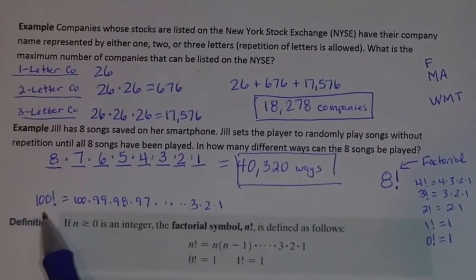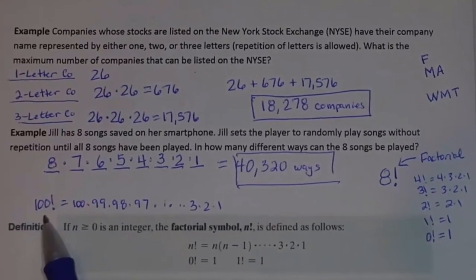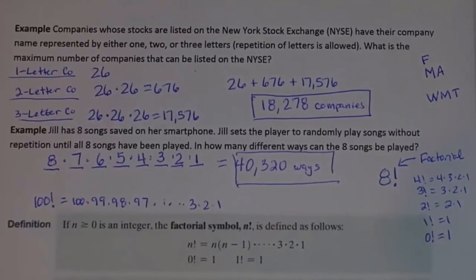Your calculator can handle numbers that big. A number that's made up of 100 nines. 100 factorial is bigger than that. It's hard for me to even fathom a number so big that it's made up of 100 nines. But 100 factorial is even bigger than that. So pretty big.